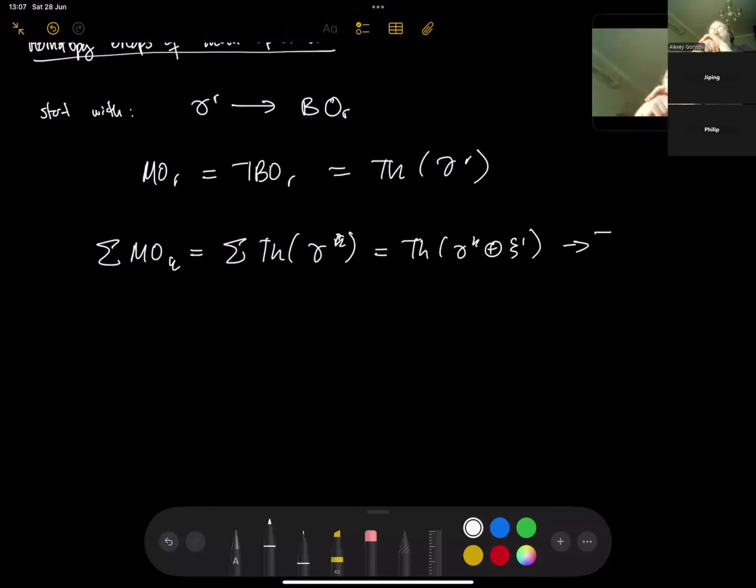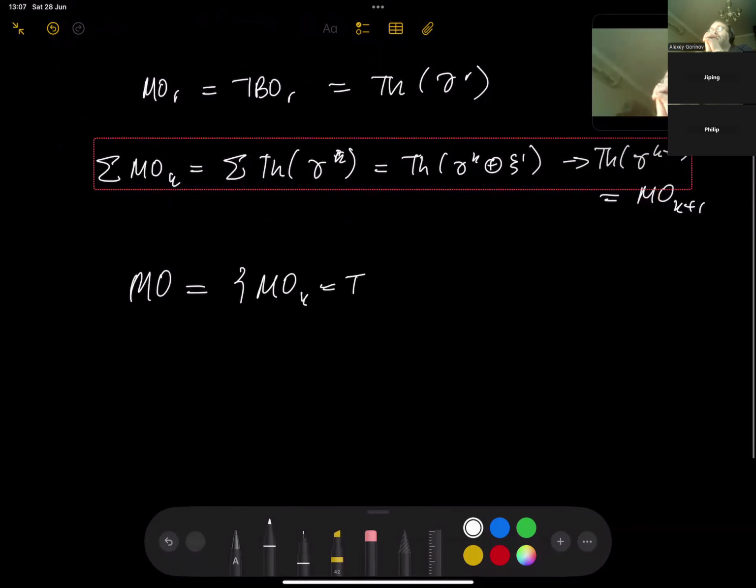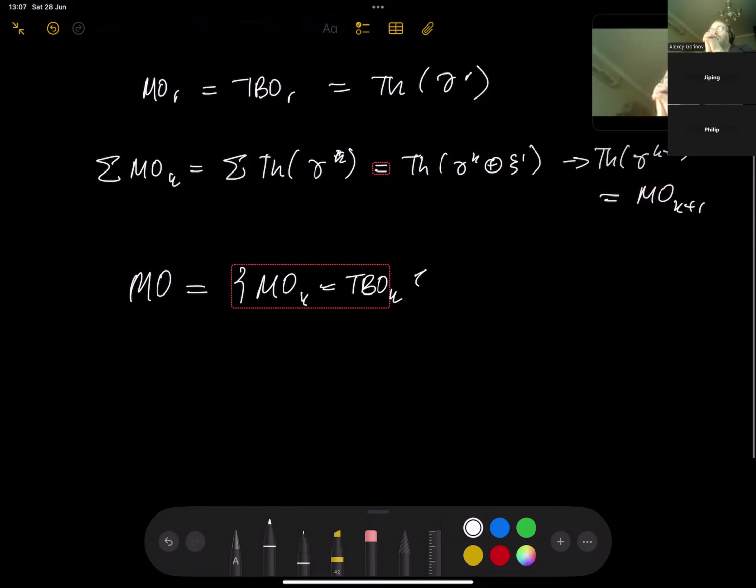This gives us a map into MO(k+1). And then MO is the colimit of MO(k), TBO(k), k greater than 0.